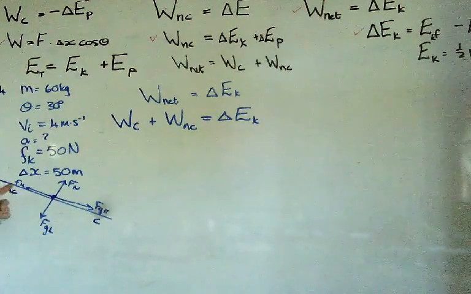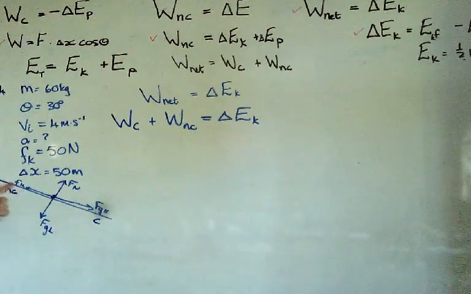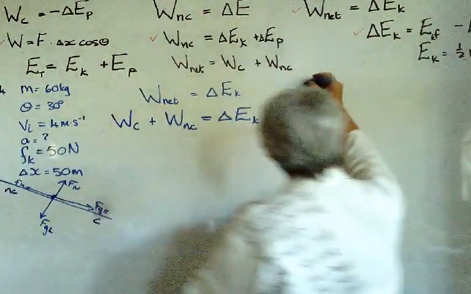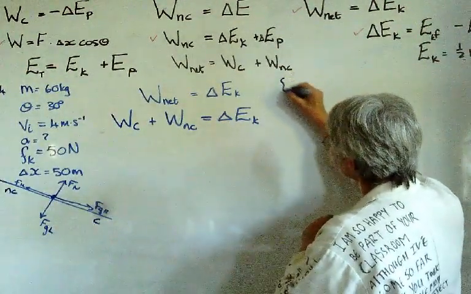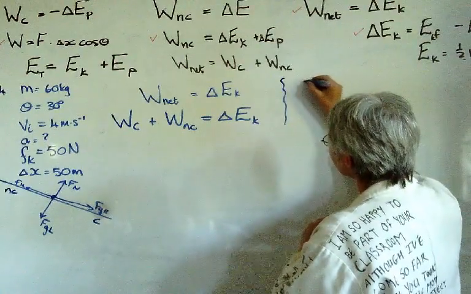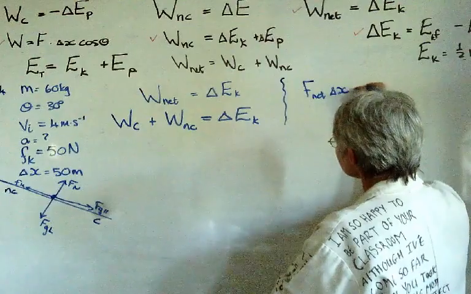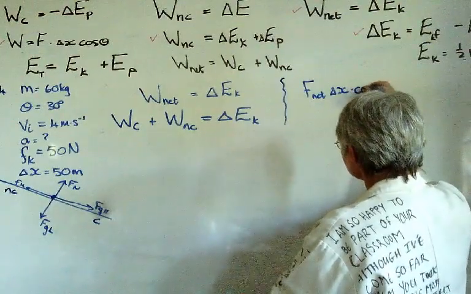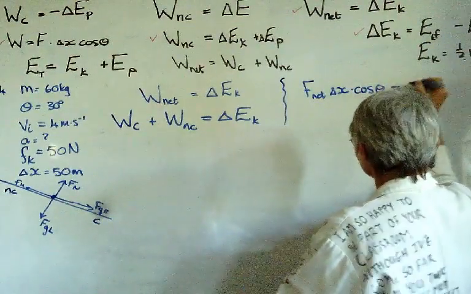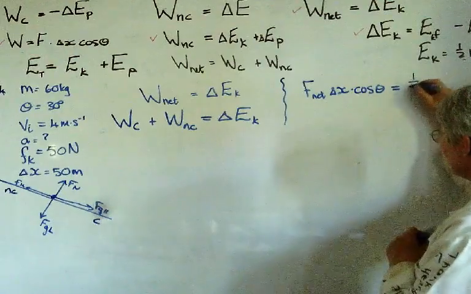You could say F net delta x cos theta equals a half m vf squared minus a half m vi squared.